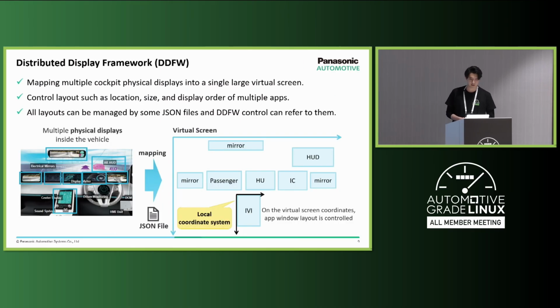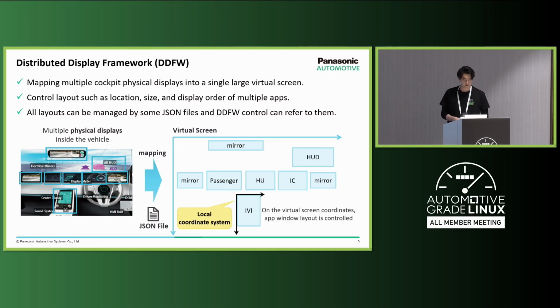Okay, next is DDFW. As shown in the diagram, DDFW maps multiple cockpit displays onto a single virtual screen. When using DDFW with RVGPU, you can control the layout of applications across multiple monitors independent of hardware configurations just by placing applications on a single large screen.